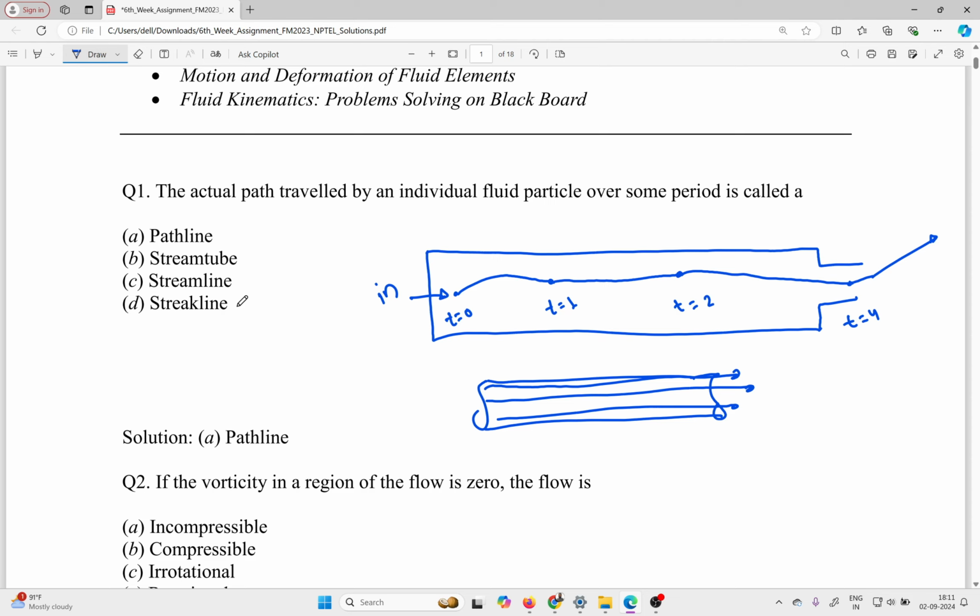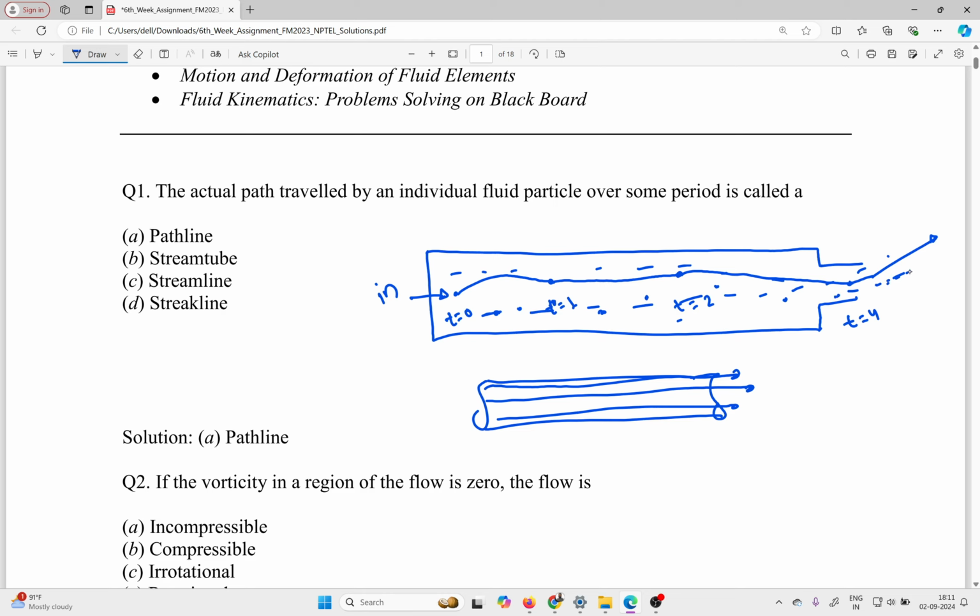Streamline is nothing but, in the same figure I want to show you, let us suppose water is flowing like that. At an instant of time you take a picture, and you will observe some fluid particles like that.